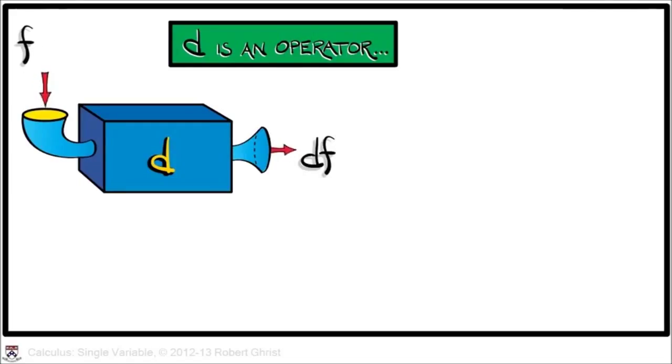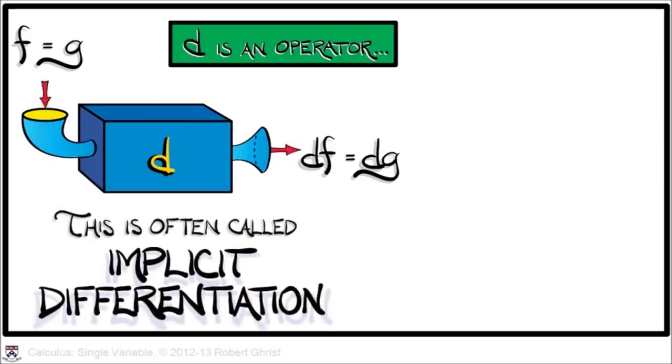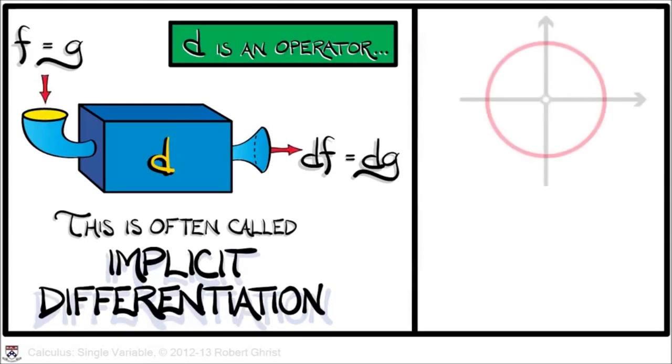Now, the fact that it's an operator means that we can differentiate an equation, something of the form f equals g. And what we will get out is, again, an equation, df equals dg. Now, you've probably seen this before. It goes under the name of implicit differentiation, and it's extremely useful.